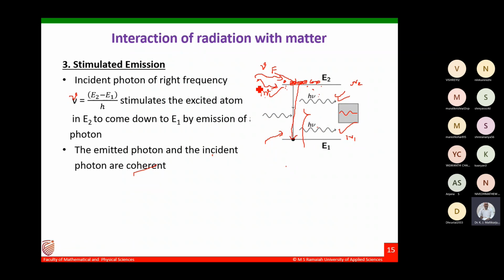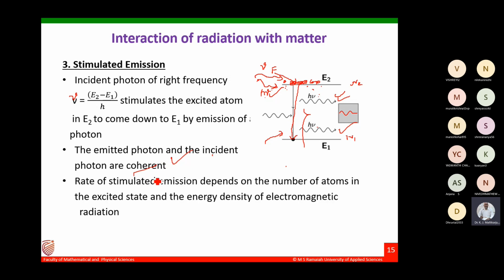Therefore, all three photons are in phase in principle. So we have a very coherent source, and the incident photon and outgoing photons are coherent in nature. Hence, you understood this basic funda here.